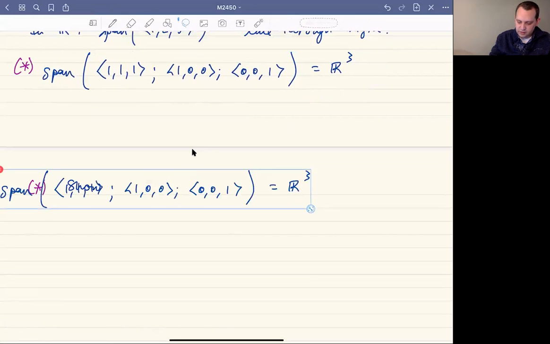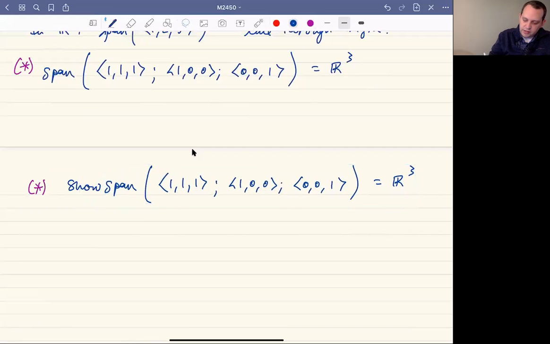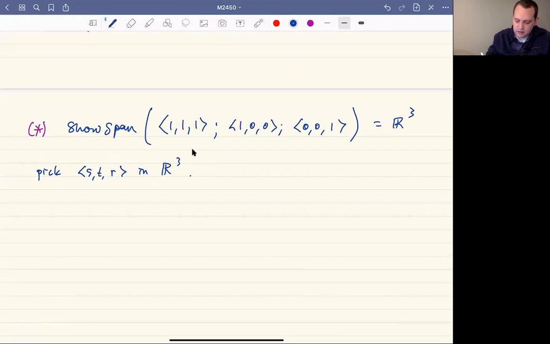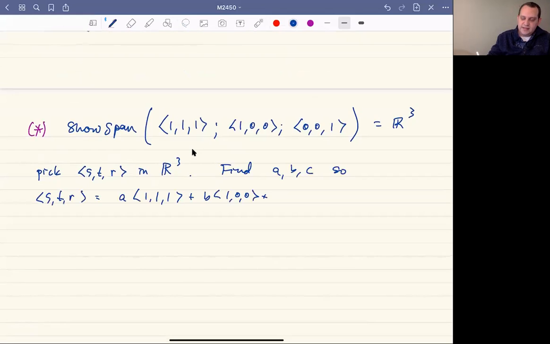So let's pick an arbitrary vector, say (S, T, R) in R3, and then we want to find scalars A, B, C, real numbers, so that (S, T, R) is equal to A times the first vector plus B times the second vector plus C times the third vector.